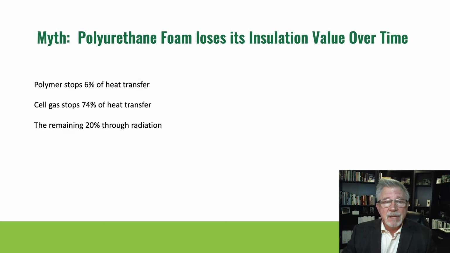Great. Let's keep in mind how closed cell foam resists the transfer of heat. How does it do that? Well, very little of the resistance, the R value, is made up of the polymer itself, the plastic material. Most of the resistance to heat transfer in gas-filled cellular plastics is in that gas, that cell.